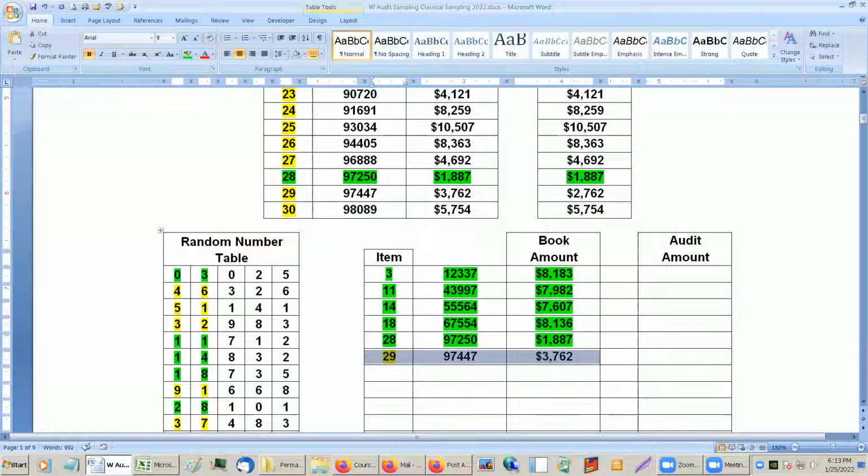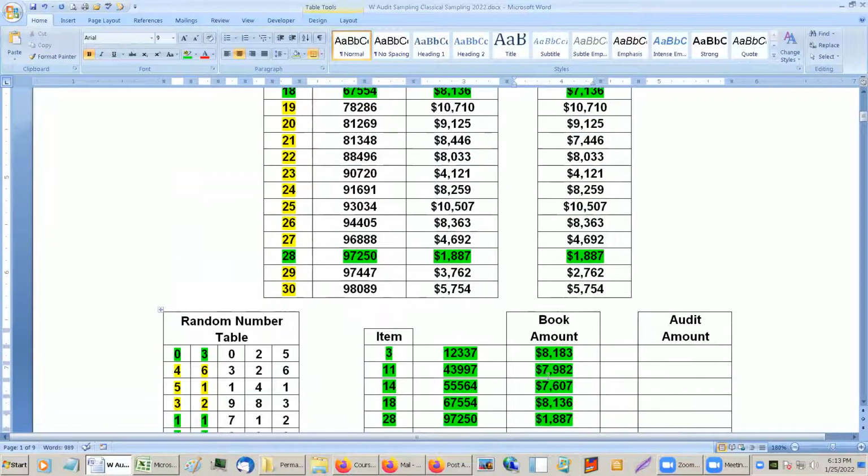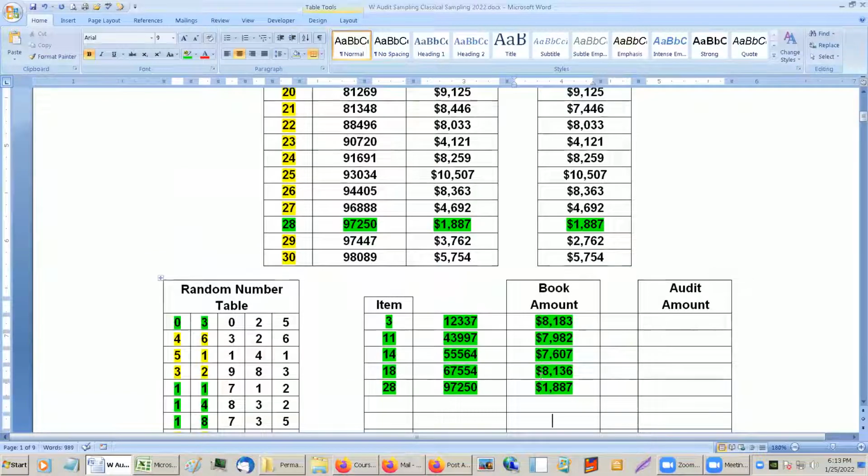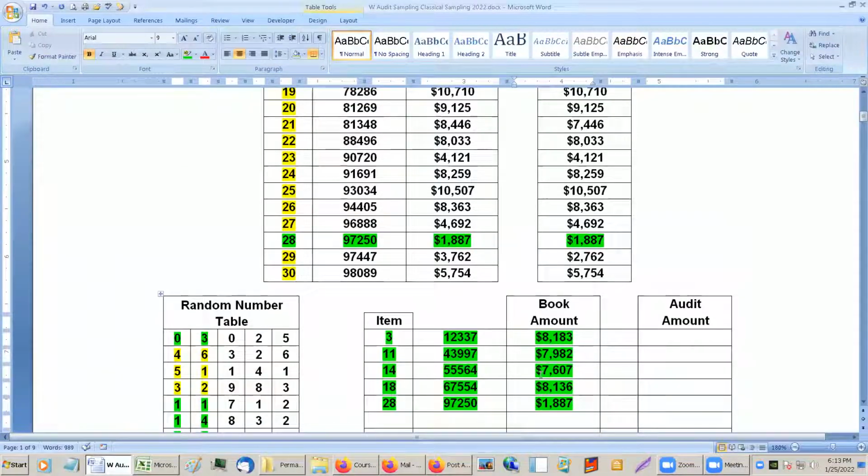Oops, that shouldn't be there. Okay, so that is a random sample.